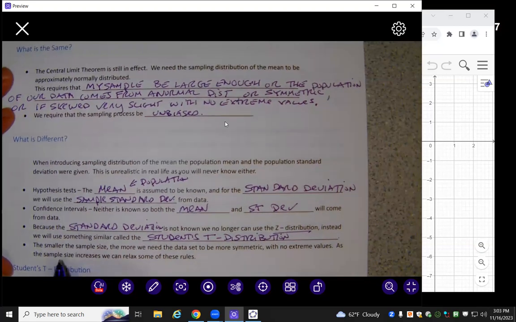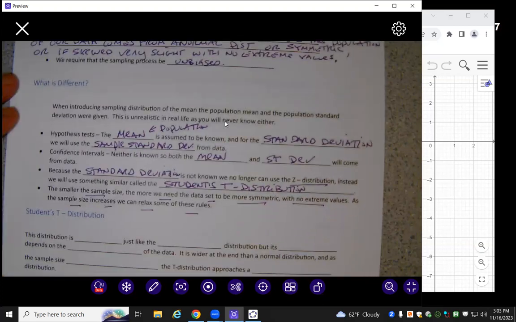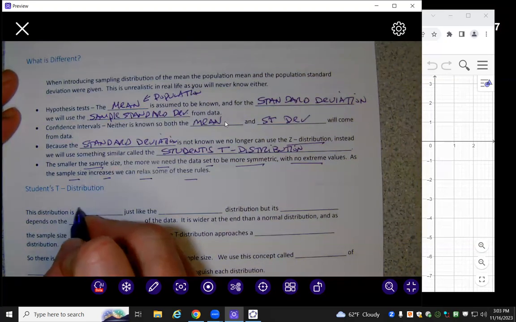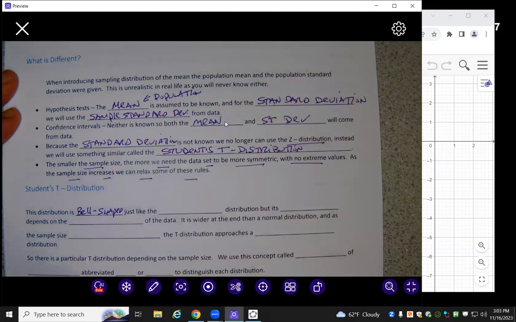One thing also to know: the smaller the sample size, the more we need the data set to be symmetric with no extreme values. As the sample size increases, we can relax some of these rules, something that we saw with the central limit theorem before. So let's look at Student's t distribution. This distribution is definitely bell-shaped, just like the normal.